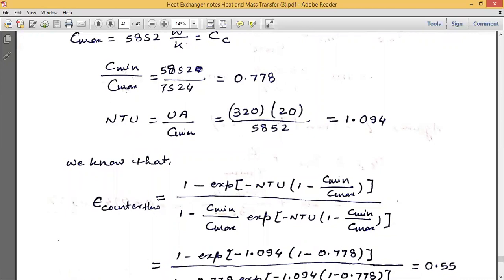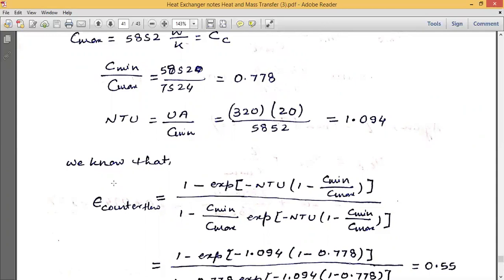By using these two quantities, we can read out from the plot of the effectiveness NTU chart, just as we had earlier read out the value of effectiveness from the chart.